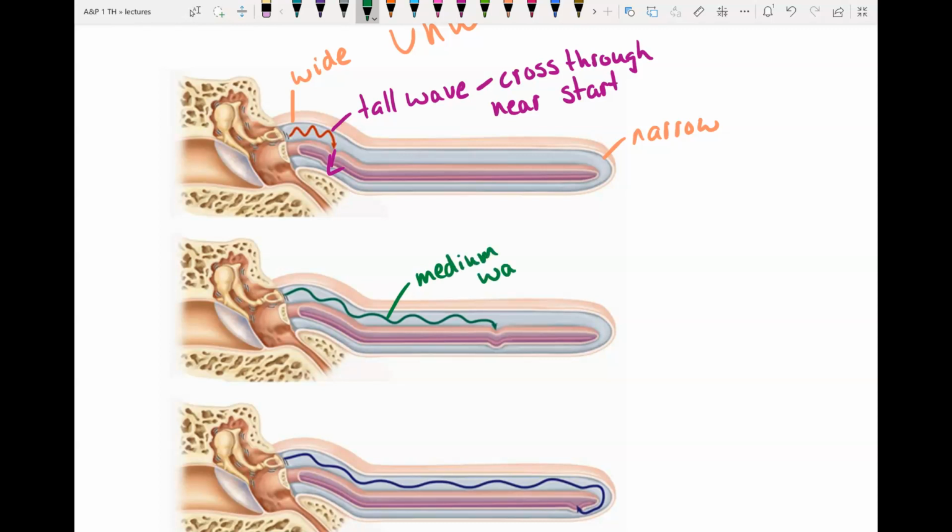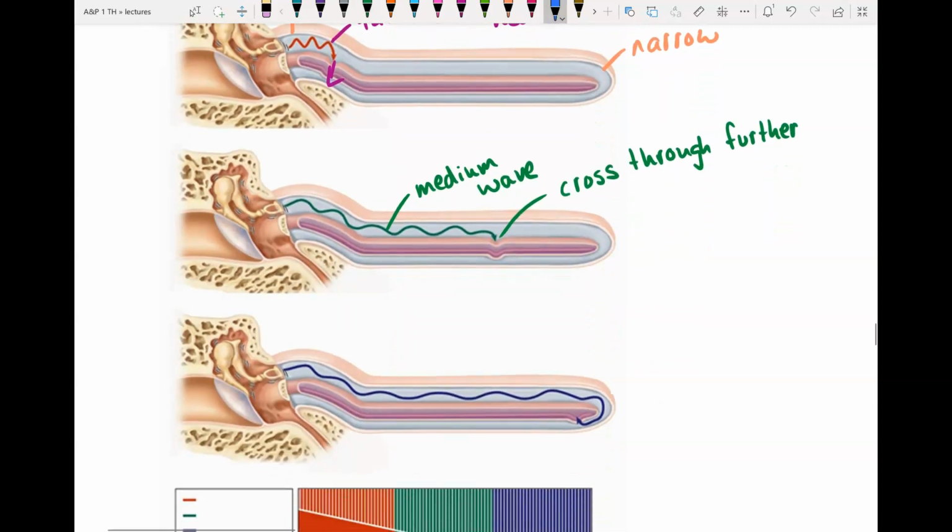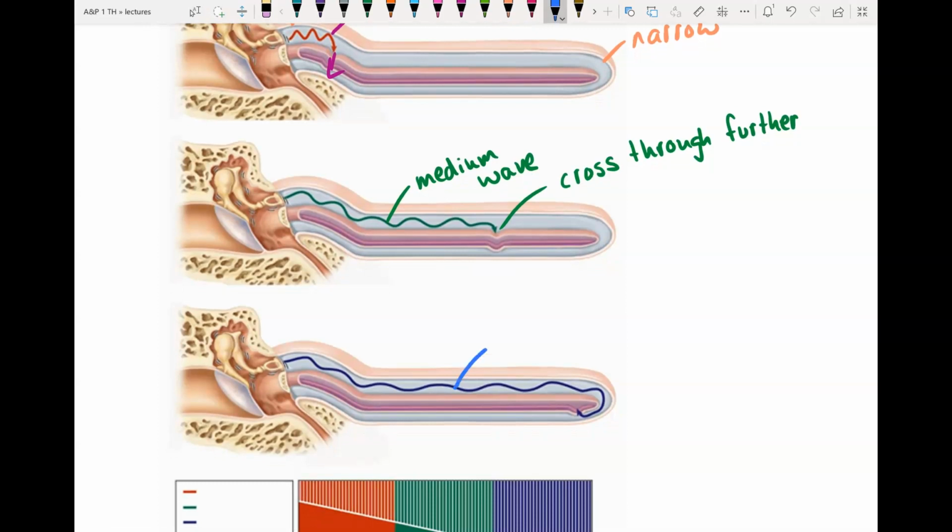And you can see it gets about halfway through. So it'll cross through a little further. Then we have this dark blue one, which is a low wave. It's a short wave. And see, it gets all the way to the end.